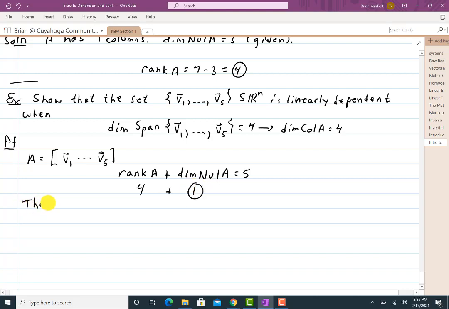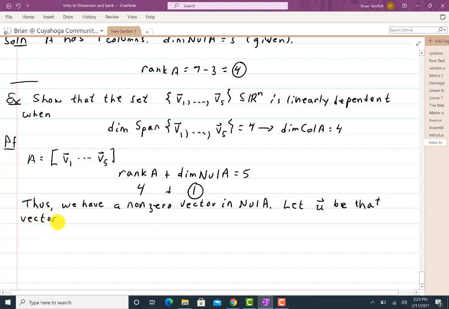So thus, we have a non-zero vector in null A. Let U be that vector. Then AU equals the 0 vector.